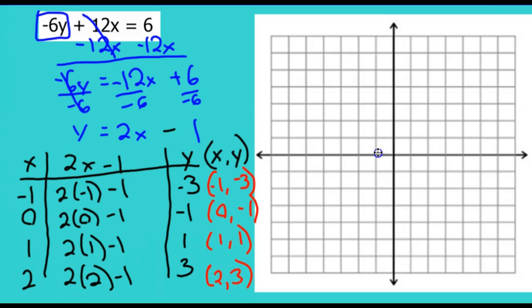So negative 1, negative 3, 0, negative 1, 1, 1, and 2, 3. Connect our points to get our line. And we're done.